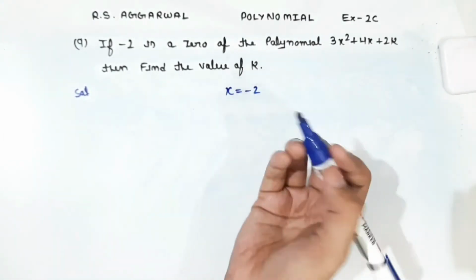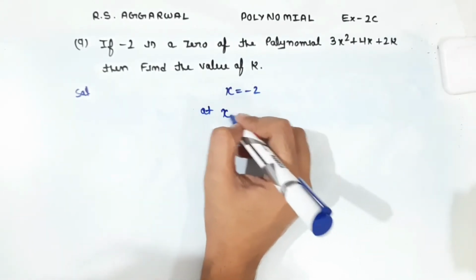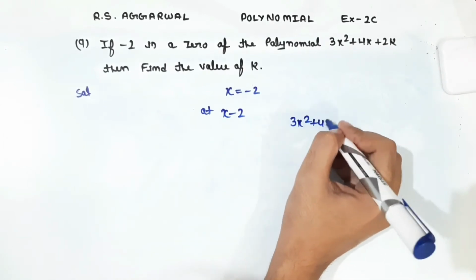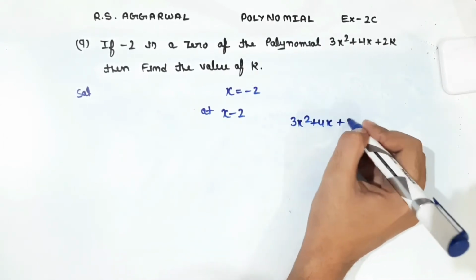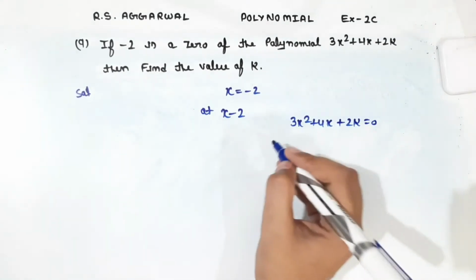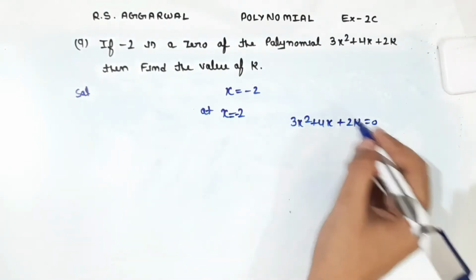So at x equals to minus 2, the polynomial 3x square plus 4x plus 2k will be equals to 0. So now putting x equals to minus 2 in given equation.